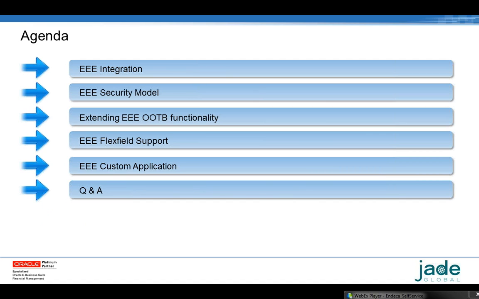And if you have out-of-the-box EEE content and want to extend it, how you can extend it or how you can build new content and new custom applications using Endeca. Then we'll take questions and answers.